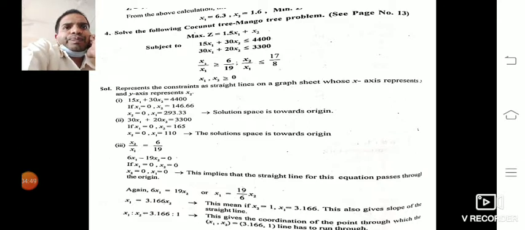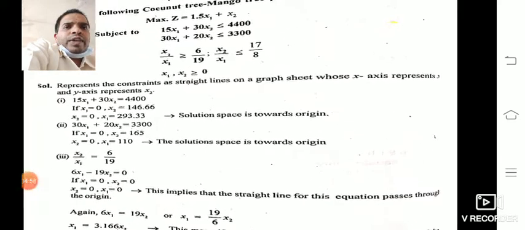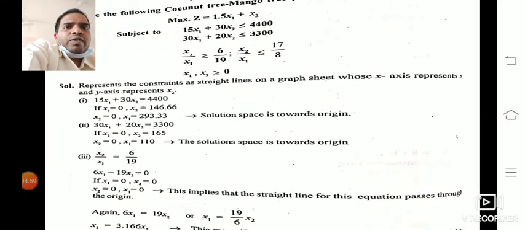For these four constraints, put x1 equals 0 to find the x2 values, and put x2 equals 0 to find the x1 values. For the first constraint we get x1 is 293.33 and x2 is 146.66. The less than or equal sign says the solution space is towards the origin.